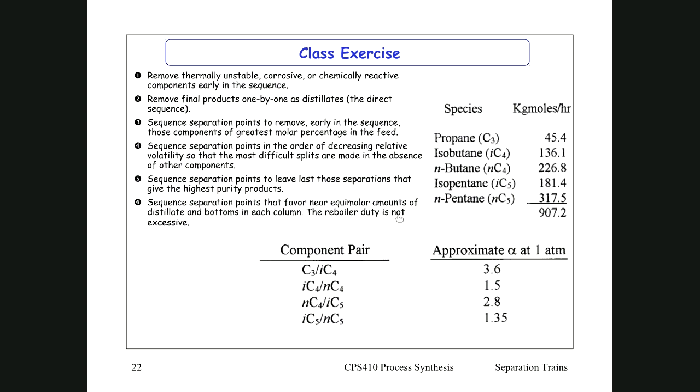Yeah, so that's pretty much why we would prefer to have equimolar amounts, because then we would be condensing just as much as we are reboiling.